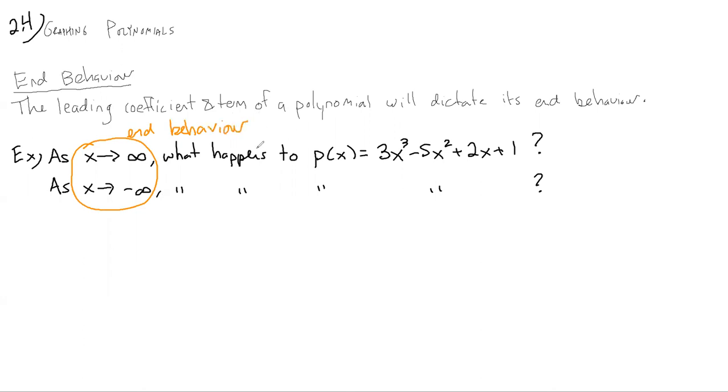As x goes to infinity, that's far on the right, and what's going on the left is x going to negative infinity. So it's telling you what's going on at the outside ends of the picture, essentially. And so we want to know specifically for this third degree polynomial. For this one example, I'll go through it in pretty thorough detail.